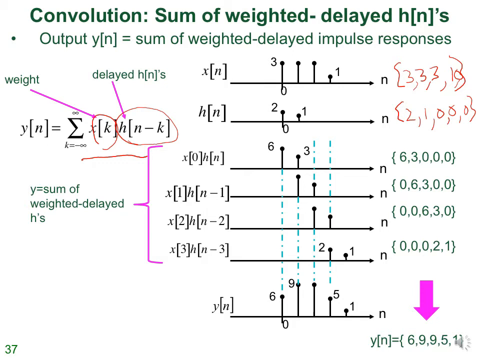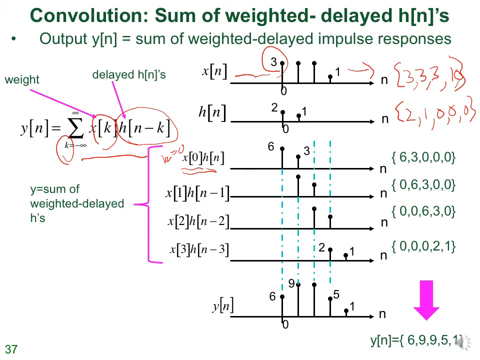And so if we view these as weights and just change values of k, the first value, let's say, is x of 0, h of n, when k equals 0. So this first case is k equals 0. In that case, the weight is a 3, because x of 0 is a 3, and it multiplies the impulse response, which is 2, 1, so I get a 6, 3 unshifted.